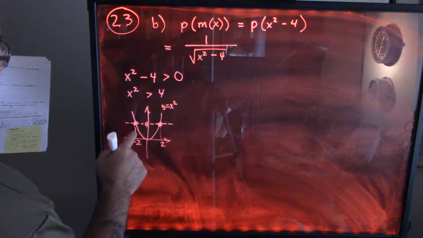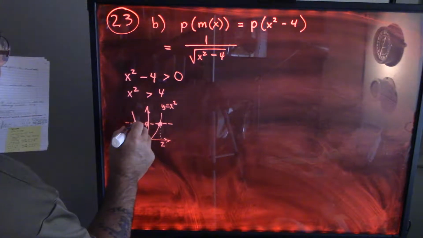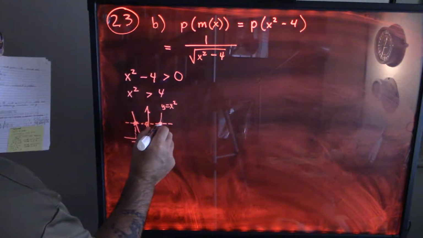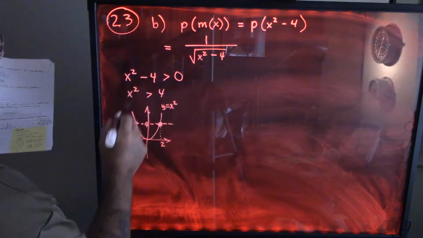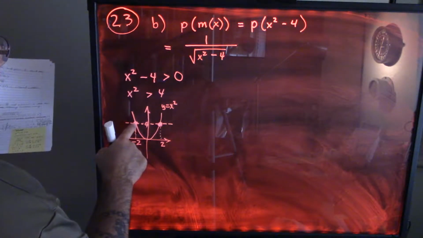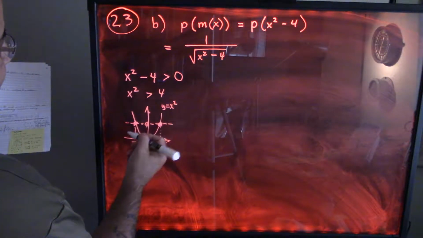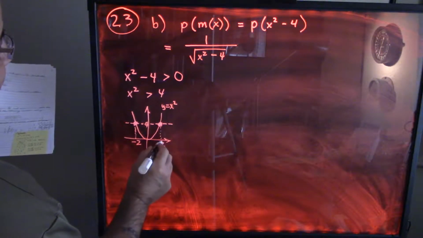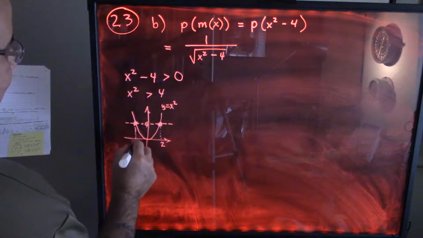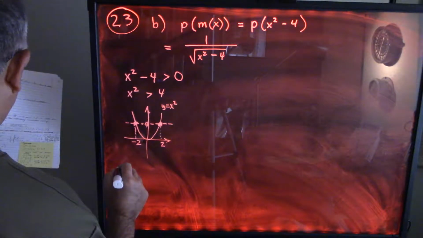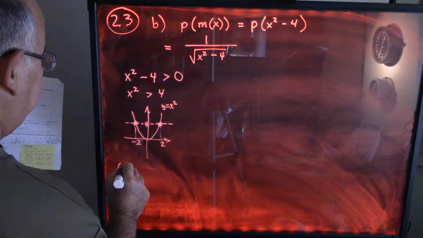Well, it's not on that point because that's when x equals negative 2 or positive 2, and then of course that's equal to 0 when you plug it into this function. So everything this way above and above that way. In other words, from negative 2 to the left and from positive 2 to the right, but not including those endpoints.